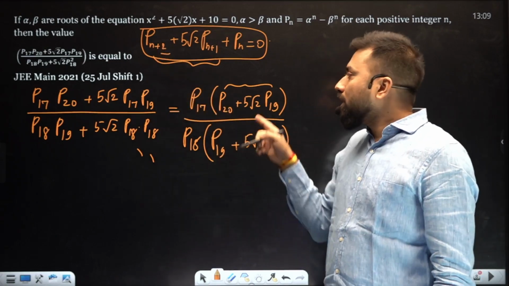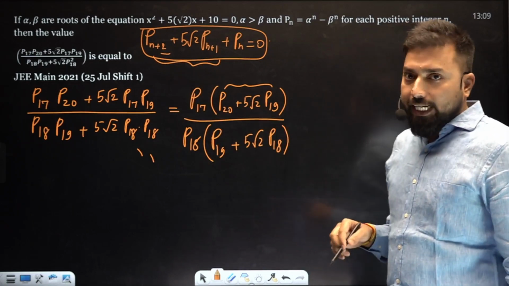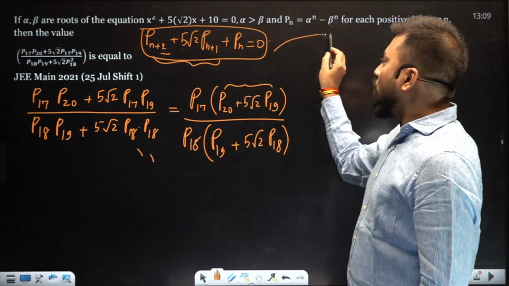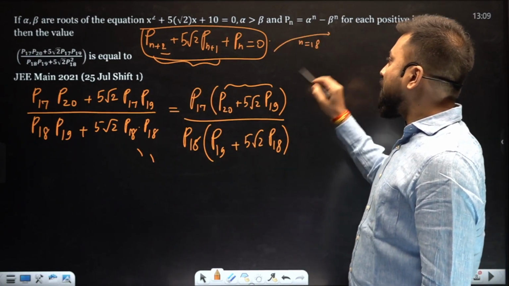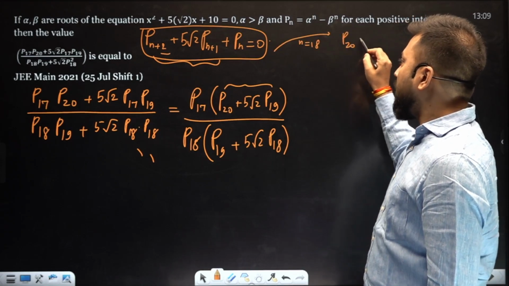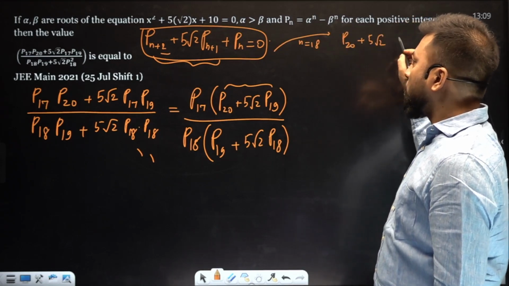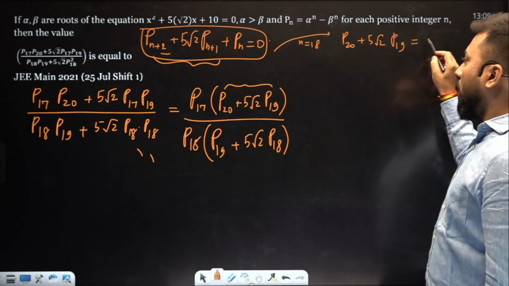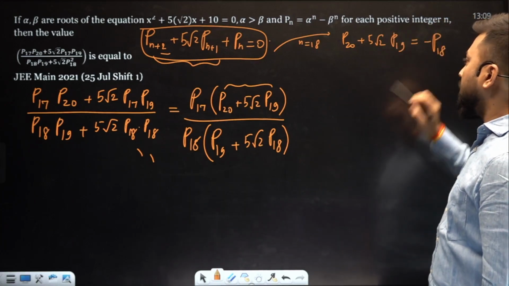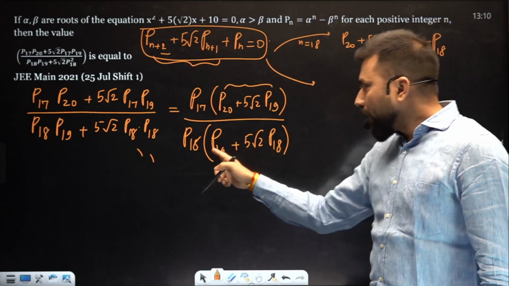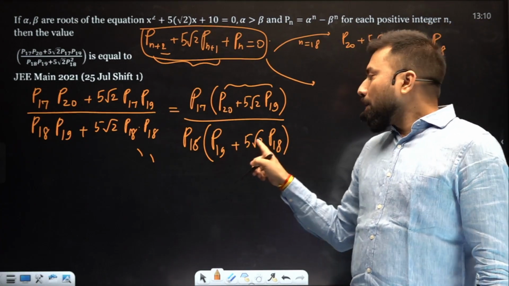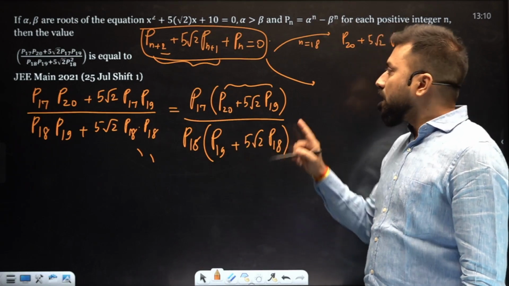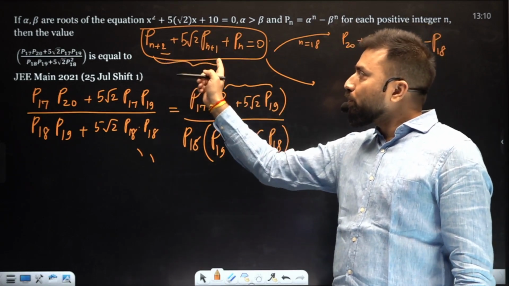20. So in first one, n is what? 18, right? So if we put n equals 18, we'll get P20 plus 5 root 2 P19 is equal to what? Minus of P18, right? And in the second one, P19 plus 5 root 2 P18 is there.